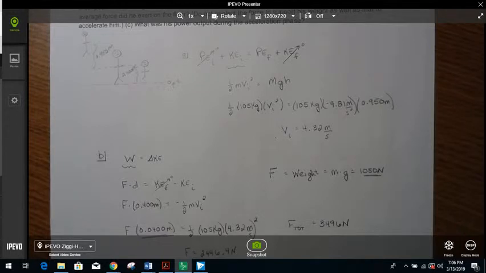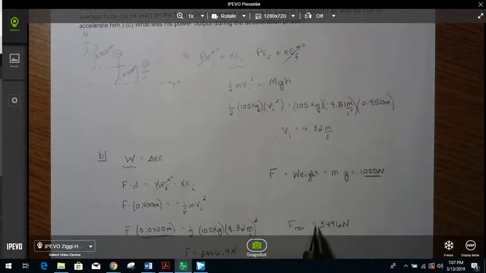The net force that he exerted was the total force to be able to rise above the floor. So 3,496 newtons equals 105 kilograms multiplied by the acceleration during the force he was exerting on the floor. So his acceleration equals 33.3 meters per second squared.